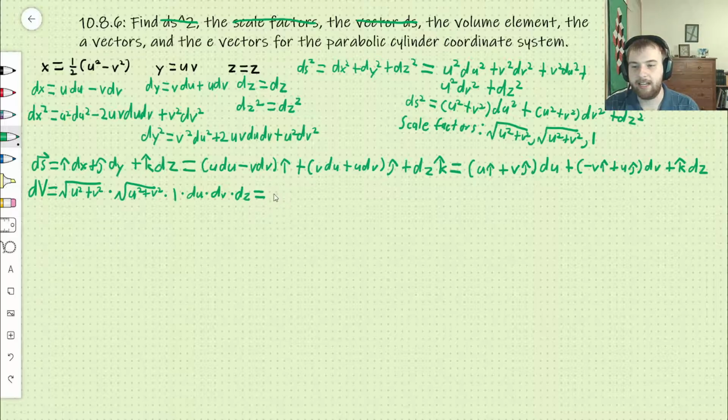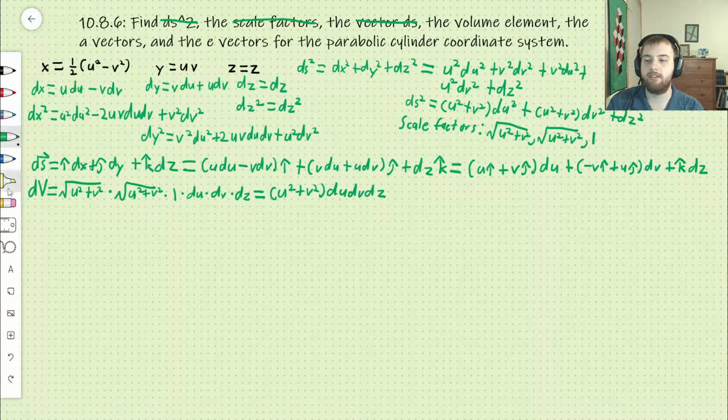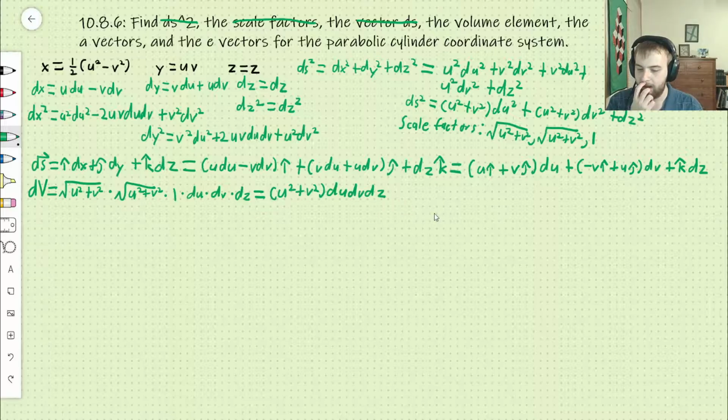So that all condenses down to u squared plus v squared du dv dz. And that's our differential volume. So when these change a little bit, that's how the volume enclosed by this little volume here would change. That doesn't make very much sense until you see it. So that's all we'll say about that for now. So we found the volume element.